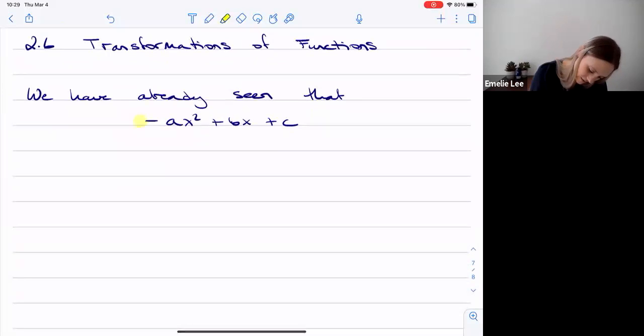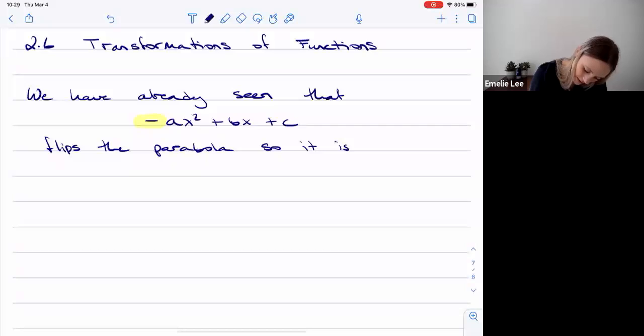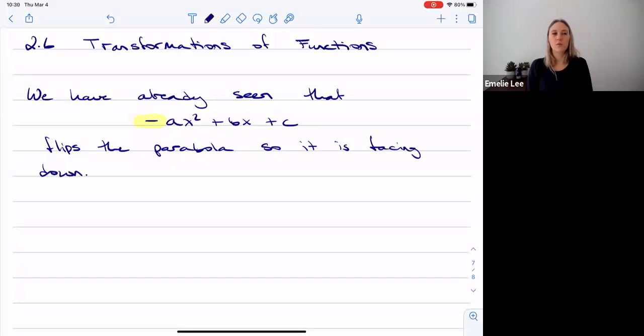And the new addition here is this negative. We've already seen that taking the negative of the function flips the parabola, so it is facing down. Okay, so that's what we call a transformation.